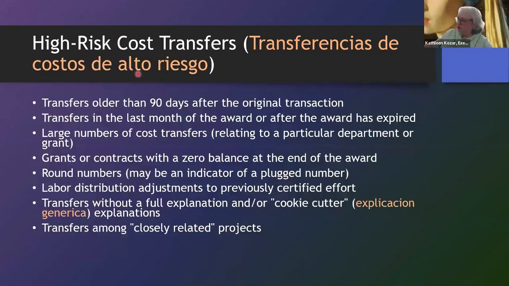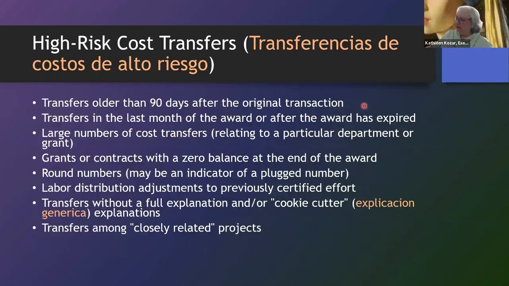In general, cost transfers are fine as long as you are staying on top of it and you're justifying them, of course, and you're using those principles. But it really gets to be problematic if you wait more than 90 days after the original transaction to do that correction, to do that cost transfer.